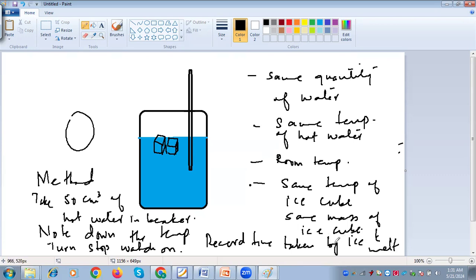It means the whole ice has to melt. Okay, then you will record this time. Then you will replace this with new fresh water at the same temperature.